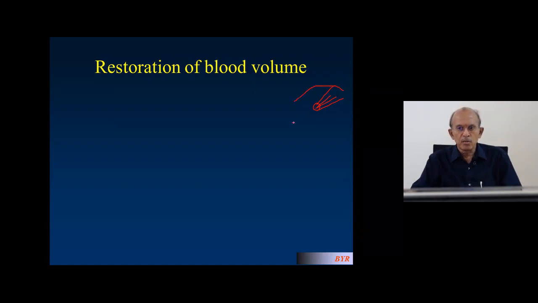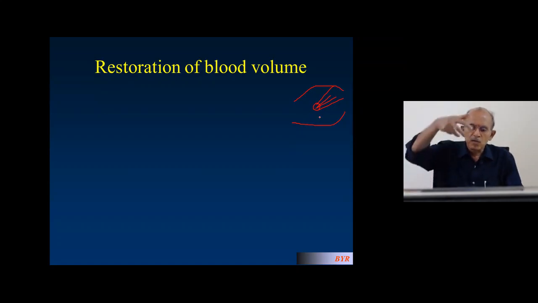This is the duodenum. So a duodenal ulcer has penetrated the underlying gastroduodenal artery and the blood is being pumped out. So here in the wall of the duodenum, you can't hold it with an artery forceps.